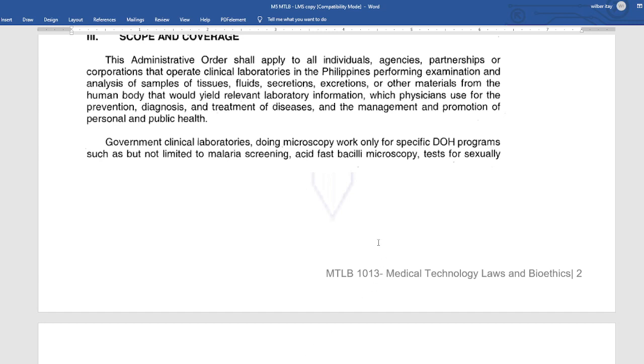So, the laboratories who conduct the following tests, if they only do microscopy, malaria screening, and the tests that I mentioned, they are not governed by the rules and regulations of this law kasi exempted sila.